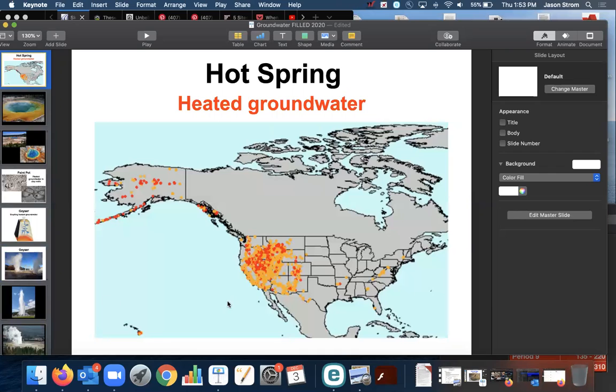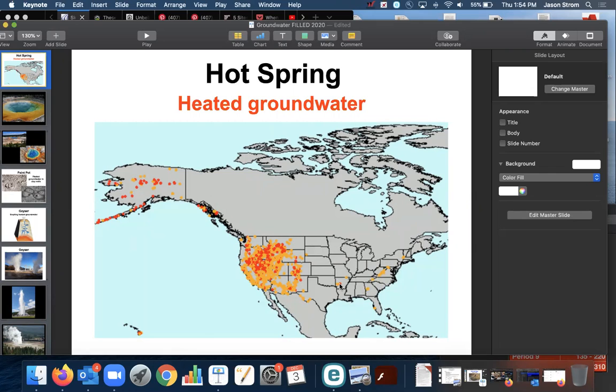If you look at this map, notice that in Indiana, we don't have any hot springs because we don't have any volcanic activity that's close enough to the surface that it's going to create any of these things. You see a lot of them in areas with mountains, so there's some in the Appalachians.